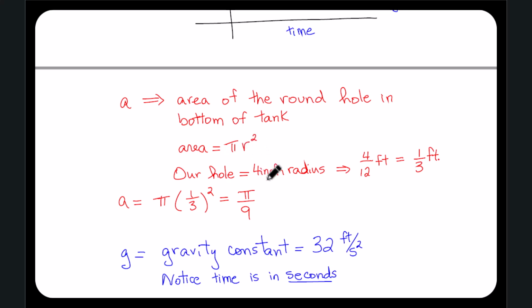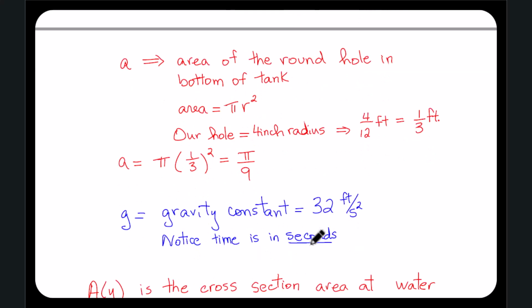But the hole is 4 inches, so I need to convert this to feet, and so this is 1/3 feet, or the area is pi times 1/3 squared, or pi over 9. The gravitational constant here is 32 feet per second squared, and the time is in seconds. That will become important at the very end.